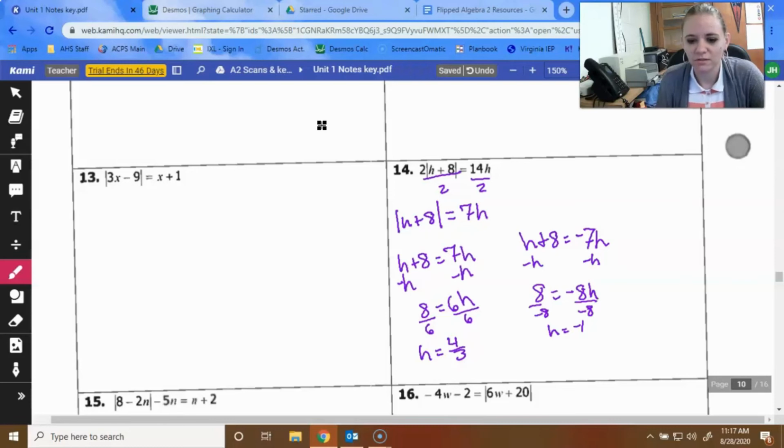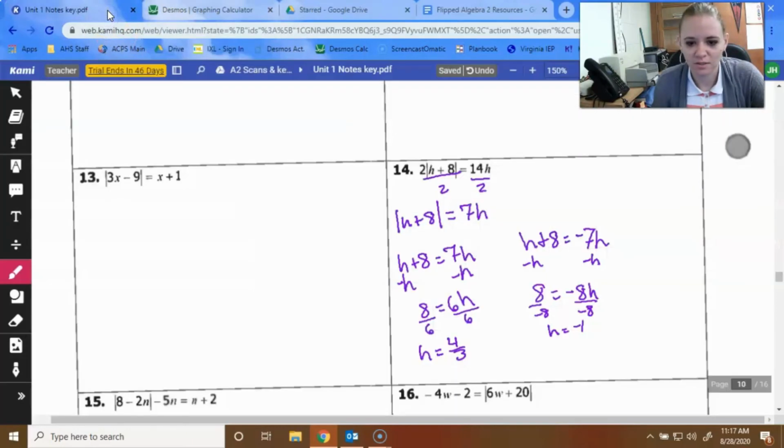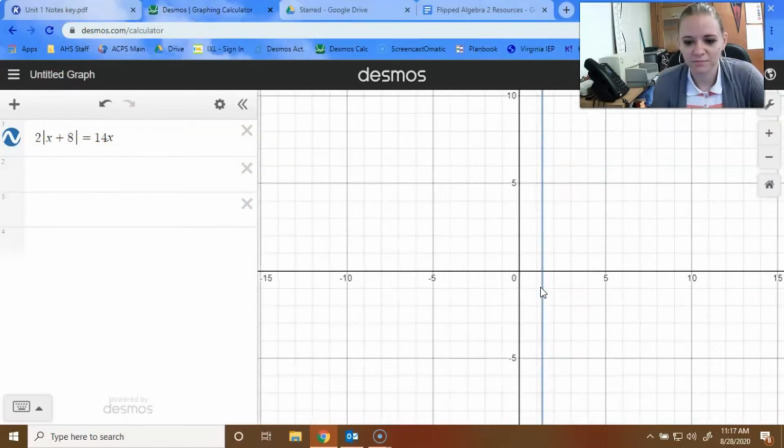Okay, I'll just go ahead and do these in the calculator. So if it's 4/3, alright, I already typed it in, 2x plus 8 is, yeah. So 4/3. Now, this is what it looks like when it graphs.